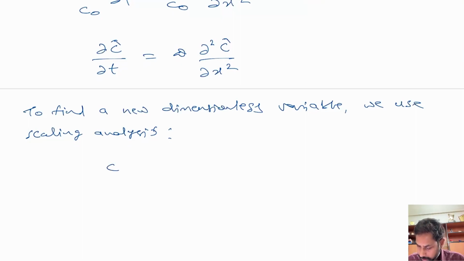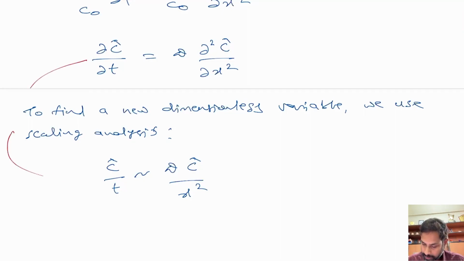But what we can do here is write C hat by t is dimensionally equivalent to D C hat over x square. So the dimension of C hat by t must be equal to D times C hat by x square, and that is coming from this equation, obviously.